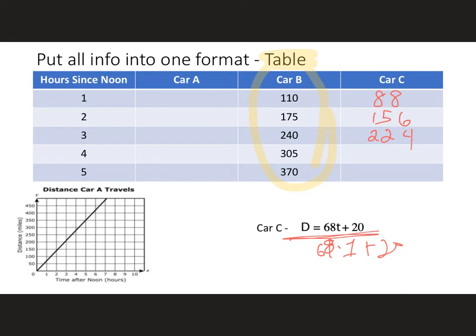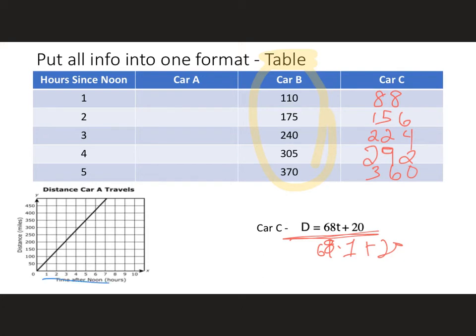And another 68, I'm at 292. And another 68, I'm at 360. Okay, so there's my car C. And all I did was put in the values. So then let's look at car A.